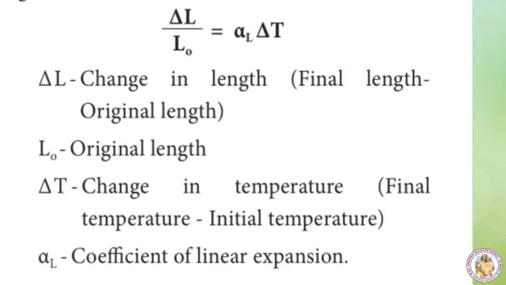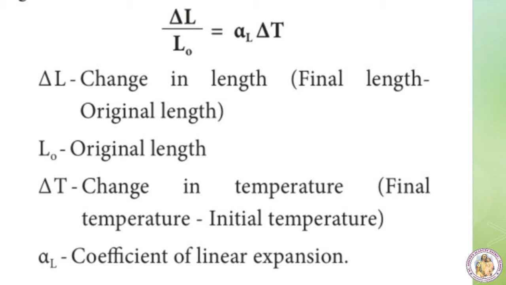Let's see the formula for linear expansion. Del L by L naught is equal to alpha L into del T. What is del L? Change in length, final length minus original length. It means, for example, if you are applying heat on any rod, its original length is 5 centimeter.